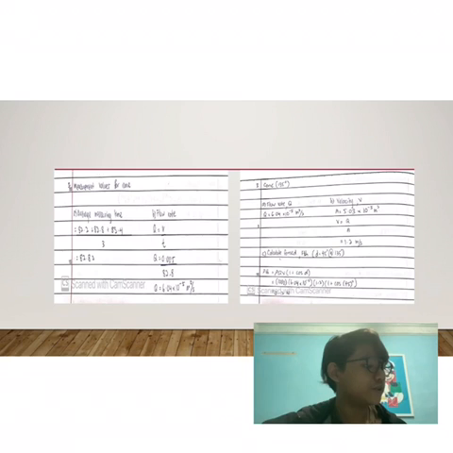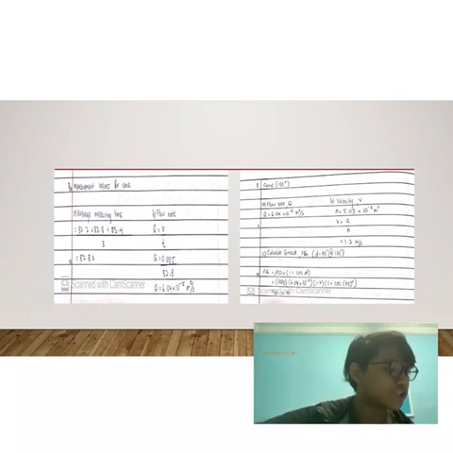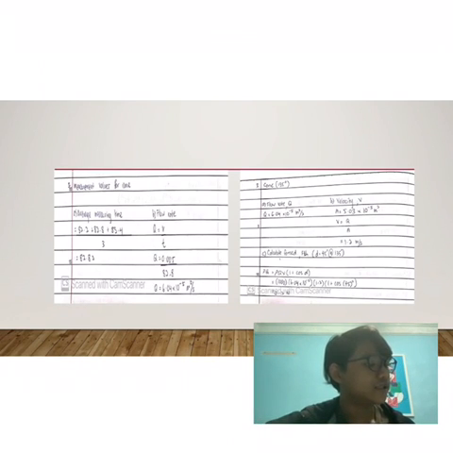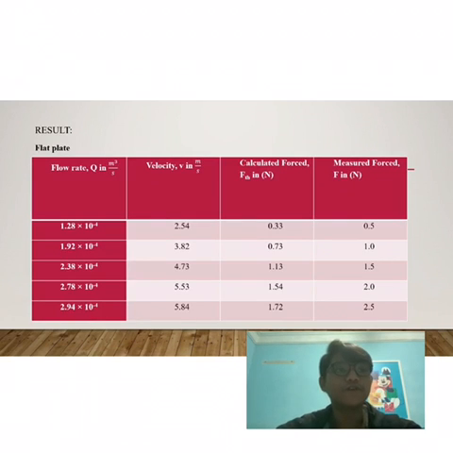F equals PQV open bracket 1 plus cos D close bracket, which is 1000 times 6.04 times 10 power of -5 times 1.2 times open bracket 1 plus cos 45 squared close bracket, and we got the answer 0.12 Newton. So this is the result for the flat plate.